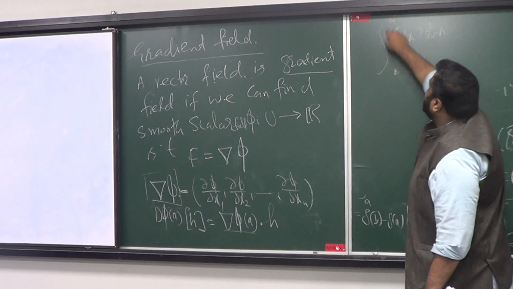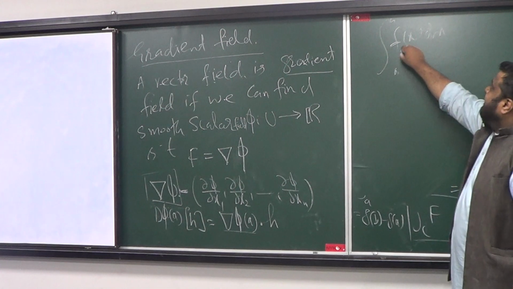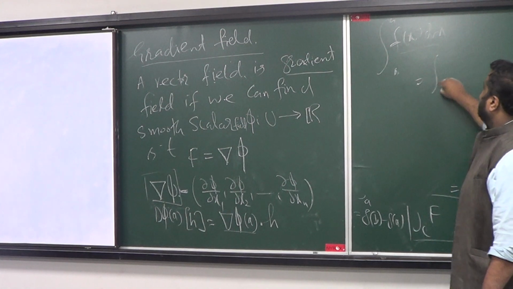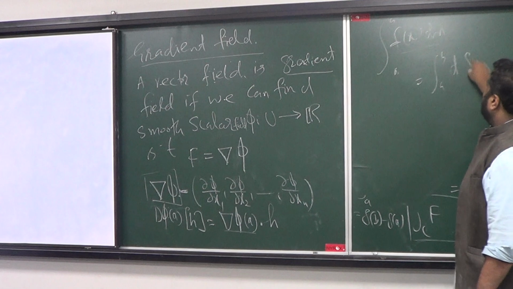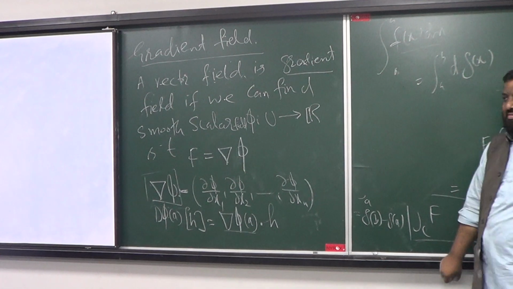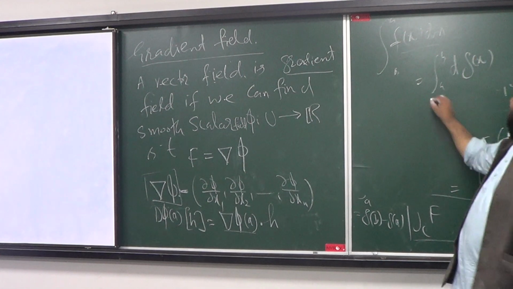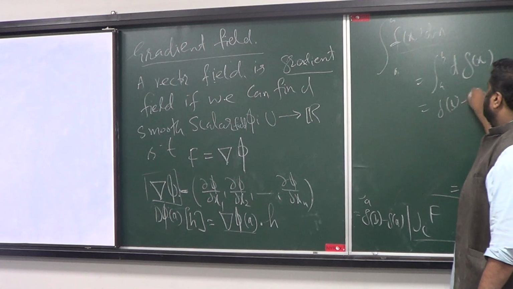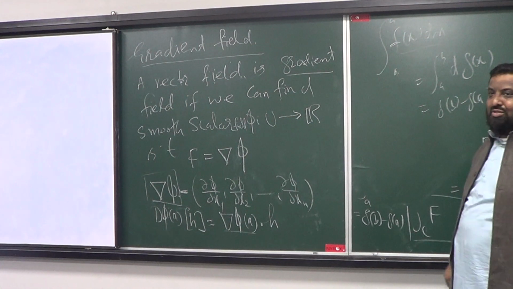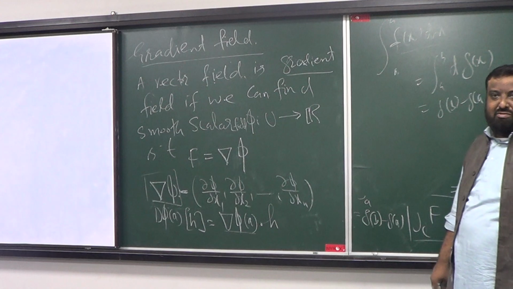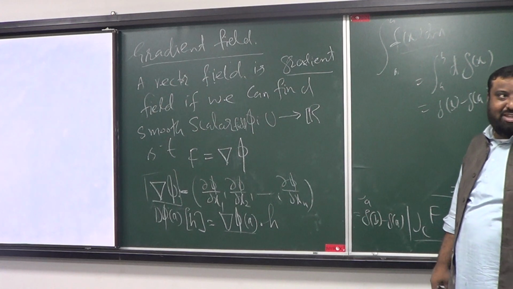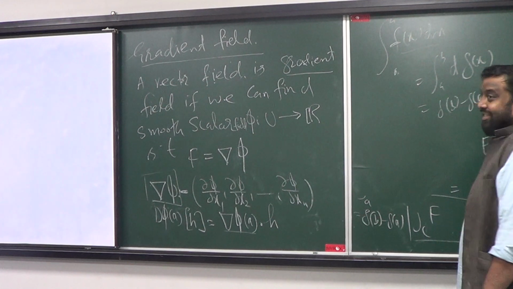So this is in one dimension. And I can write this entire function as the differential of some g of x. So it would be very easy to compute: g of b minus g of a. So it's like an application of the fundamental theorem of calculus.